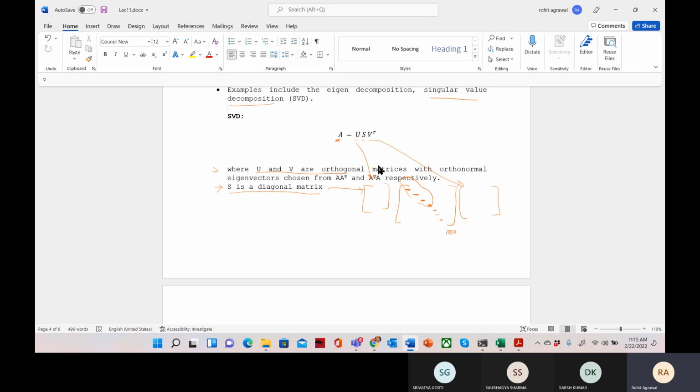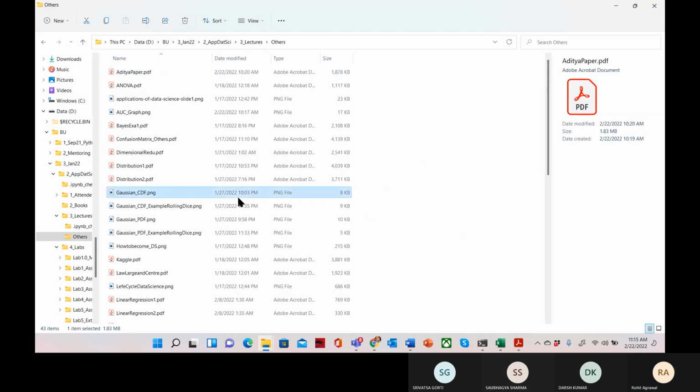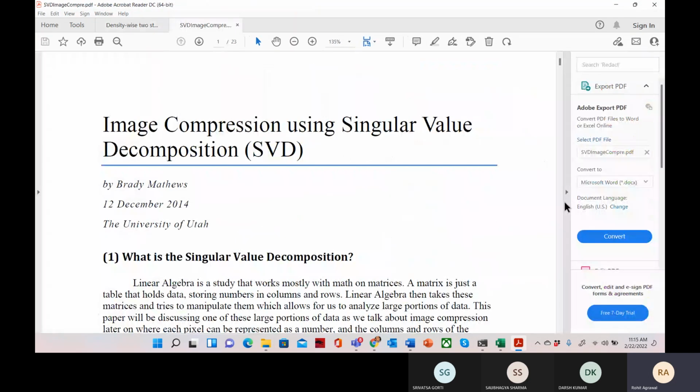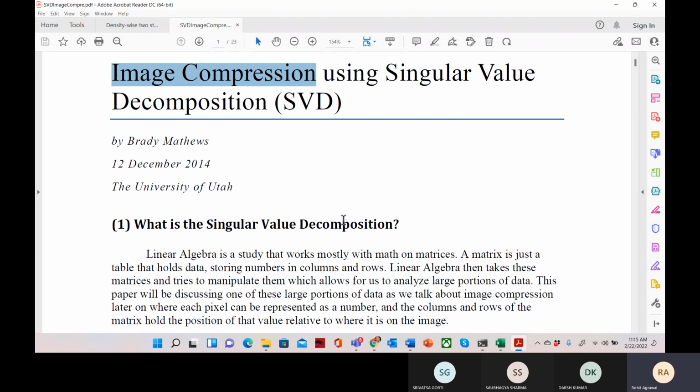If we want to reduce the dimension, we can select a subset of these matrices. I will show you a research paper here: they are using singular value decomposition for image compression.